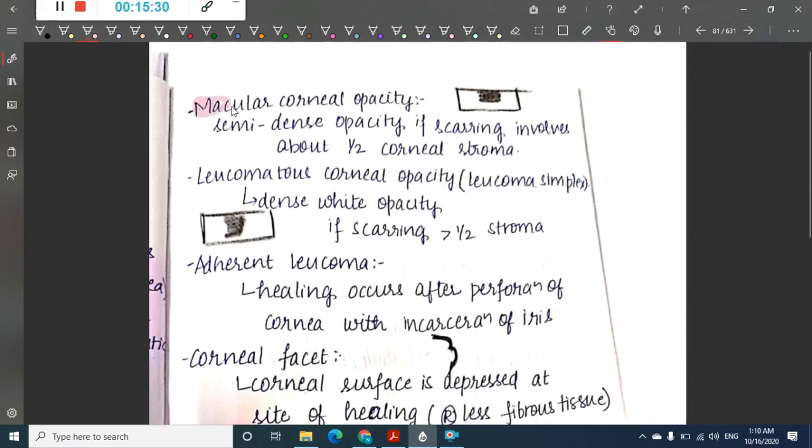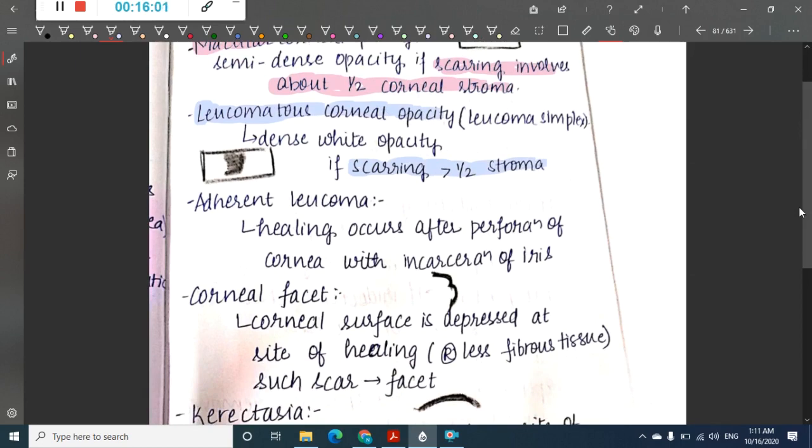After nebula, the next important thing is macula or macular corneal opacity. We call it macular corneal opacity if scarring involves about half of the cornea. Then we call it leukomatous or leukoma corneal opacity if the scarring is present in more than half of the stroma.